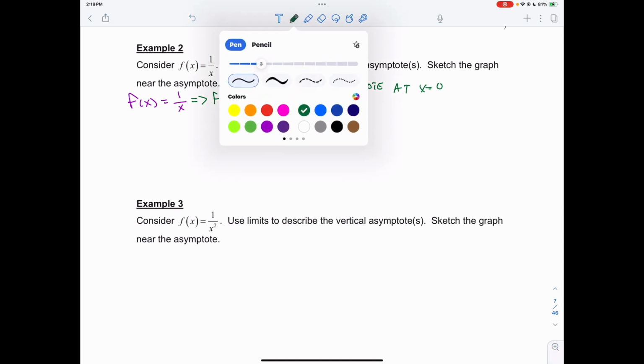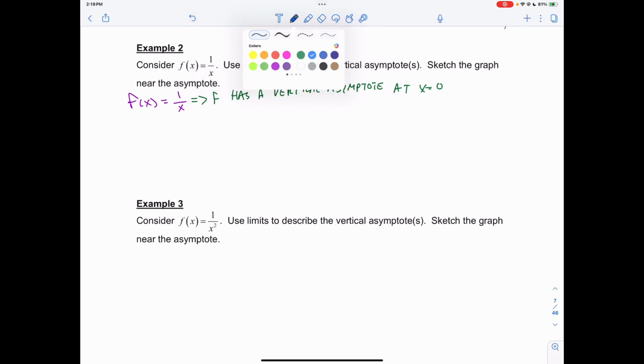If we're applying the limits, then I'm going to take the limit as x approaches 0 from the right for 1 over x, which is going to give me, if I went 1 over 0.000001 or smaller and smaller and smaller, approaching 0, never actually hitting it, it's going to give me positive infinity.